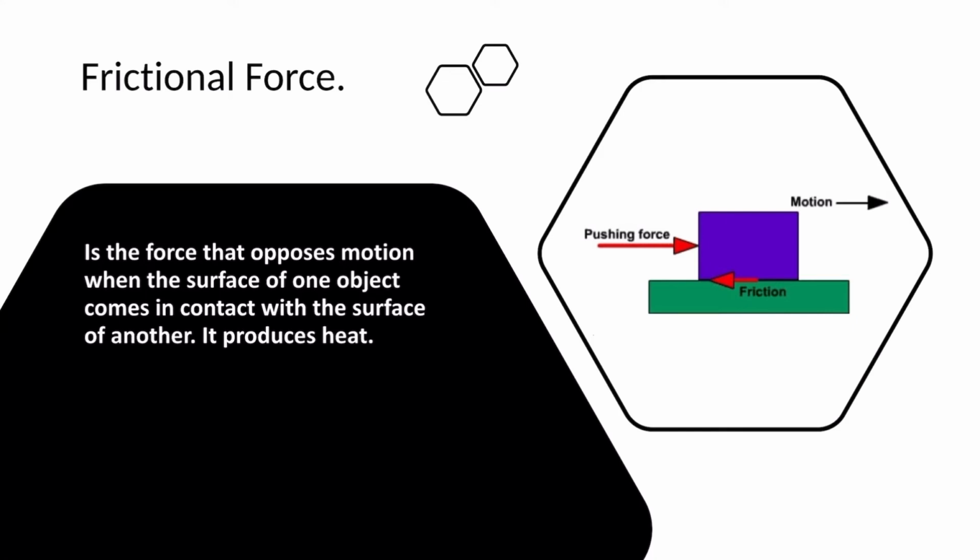Suppose you want to walk on a piece of ice. We cannot walk properly because the friction is so small. On the other hand, friction can be harmful or have negative effects when it comes to engine parts of a car, for example. That's why we use oil to reduce the friction.